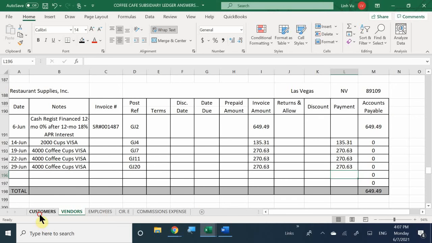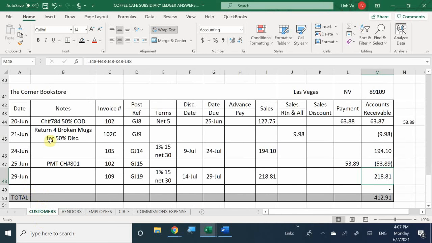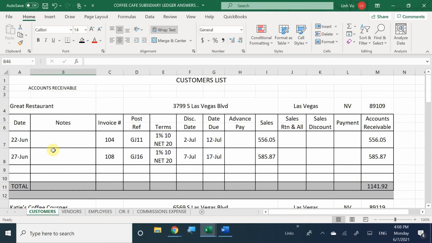So this is where Great Cafe, Great Restaurant, got it. Great restaurant, my fault, not cafe. Sorry. So I know they owe us $555.05.